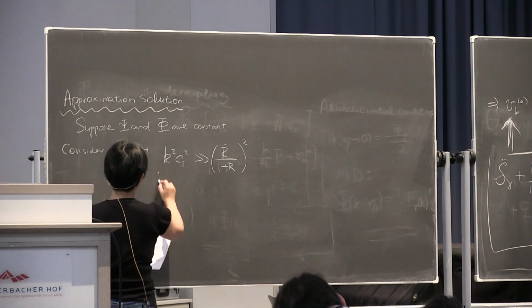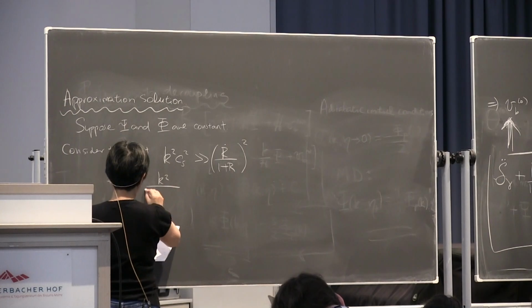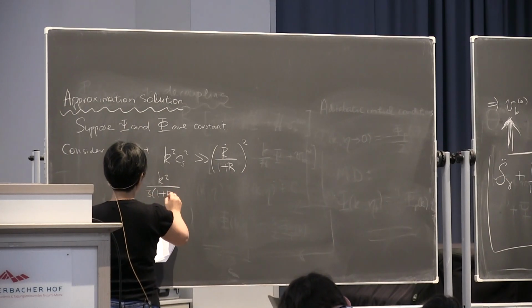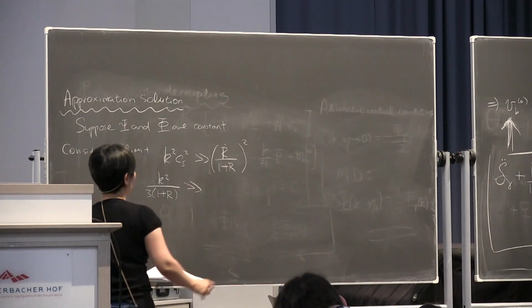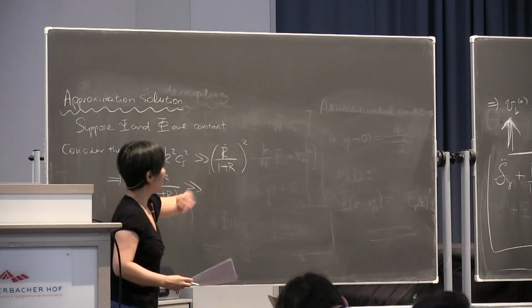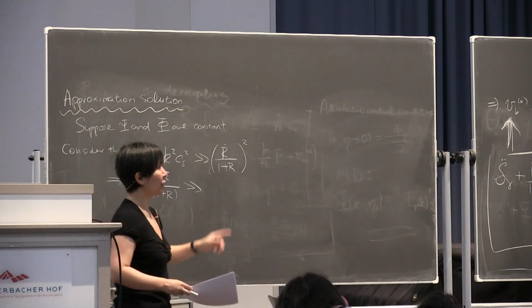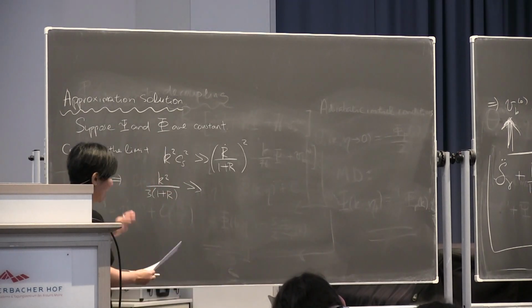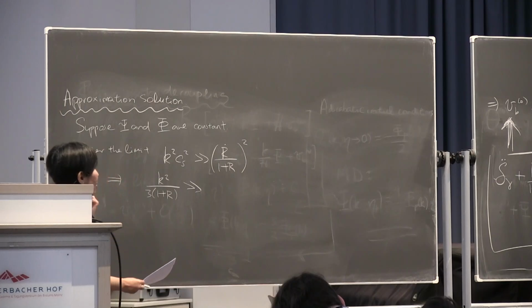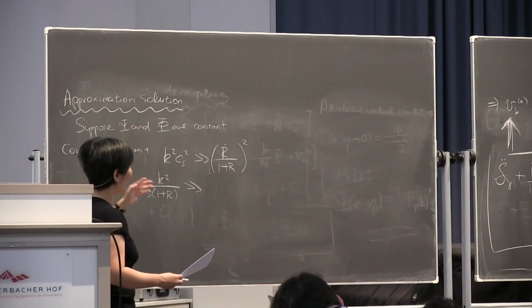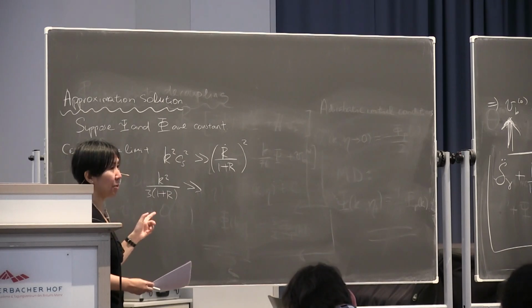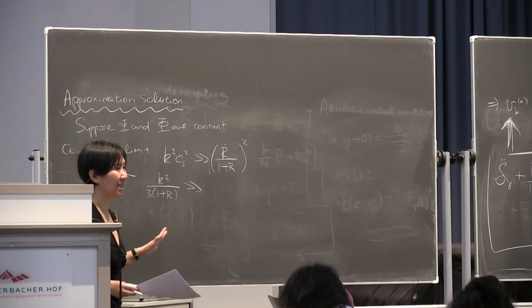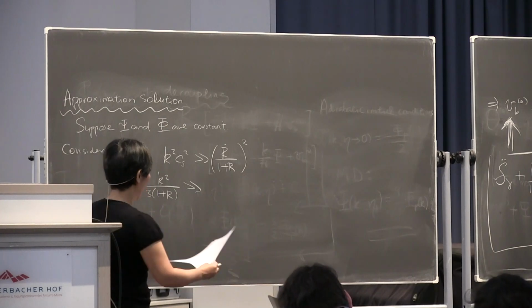So this would just be k squared over 3 times 1 plus R, and this has to be larger than this bunch of stuff. I have R dot there, that's the time derivative of my R parameter, but R goes like a anyway, so you can already see in your head that any kind of time derivative of R would basically be proportional to the Hubble parameter, because it's just a dot.